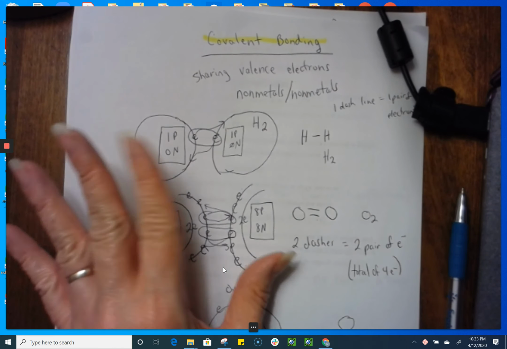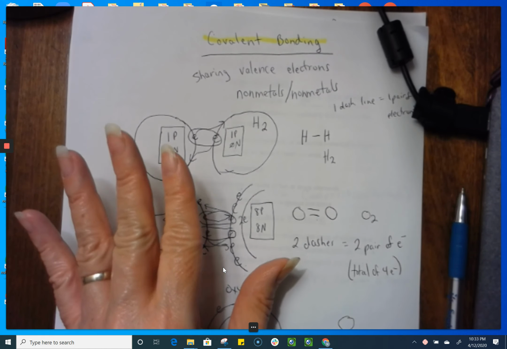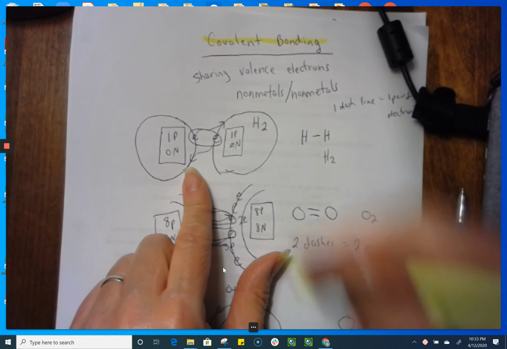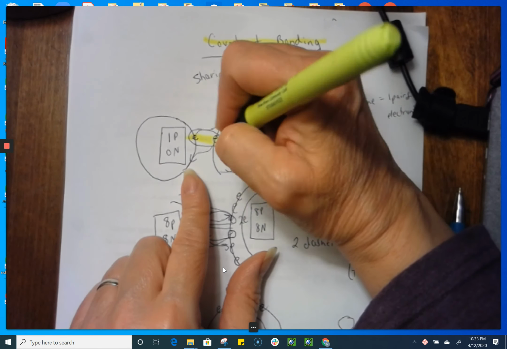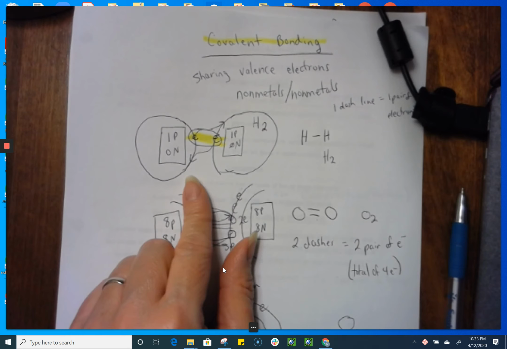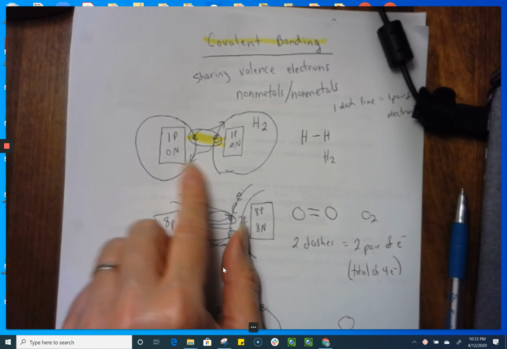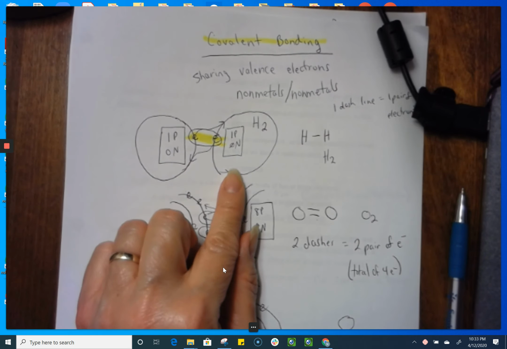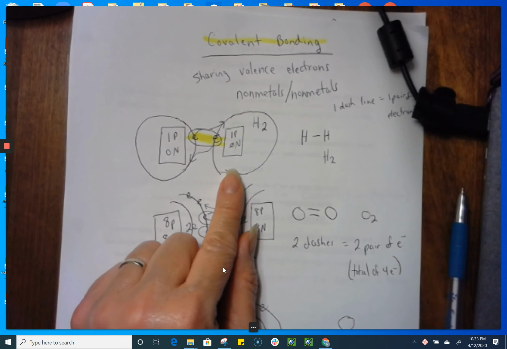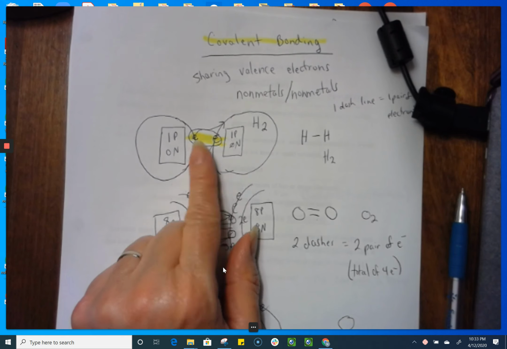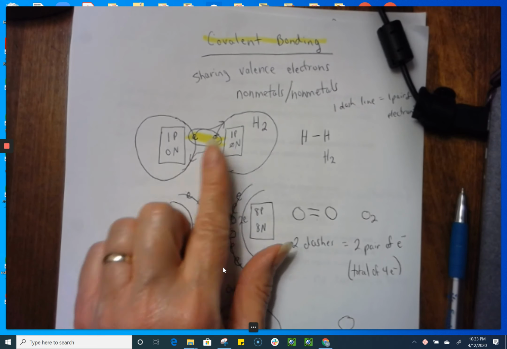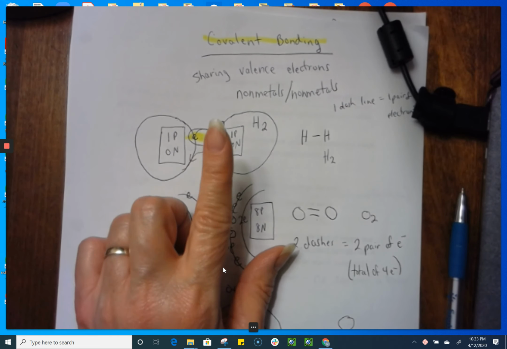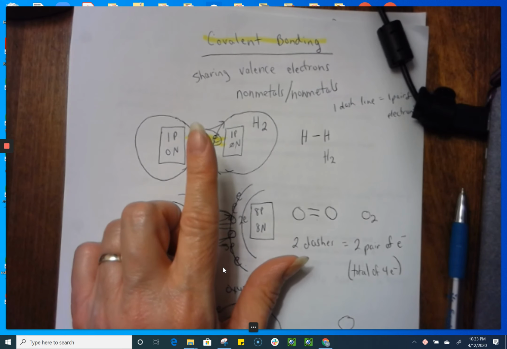Neither one is going to be willing to give away their 1 electron, but they will share. They will share a pair of electrons, and that means each one has access to both electrons orbiting their nuclei, and that helps to stabilize them. When they share electrons, they can orbit both atoms. That's covalent bonding. Co meaning sharing.